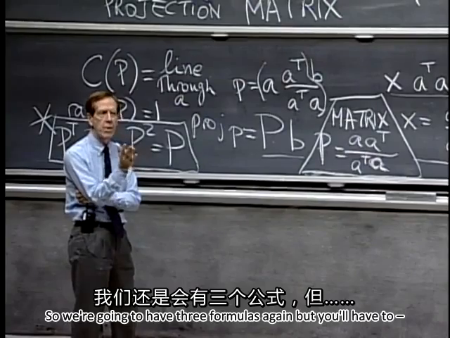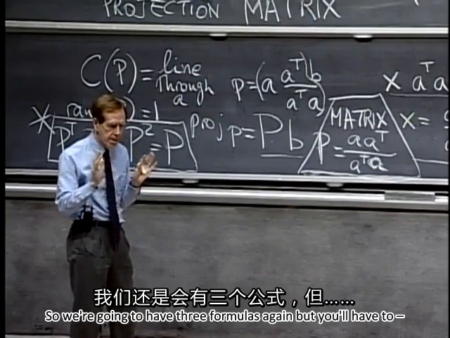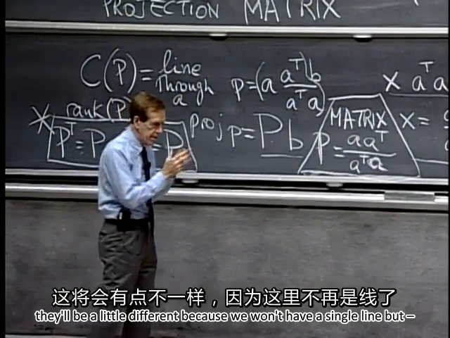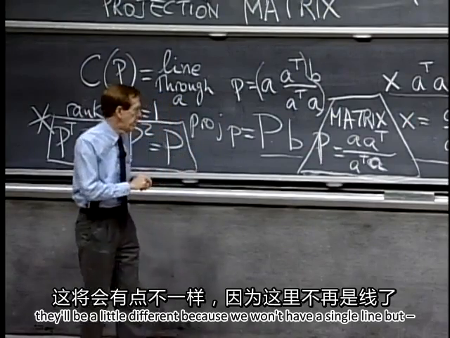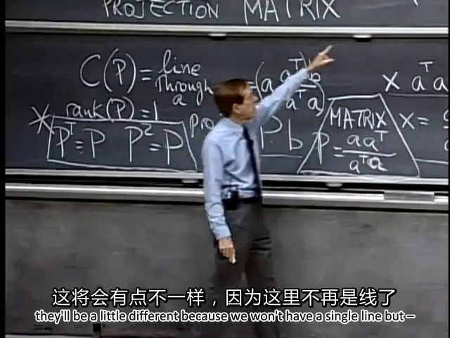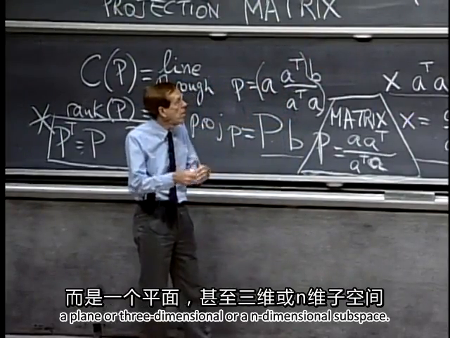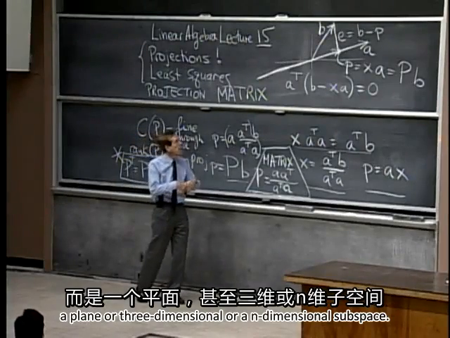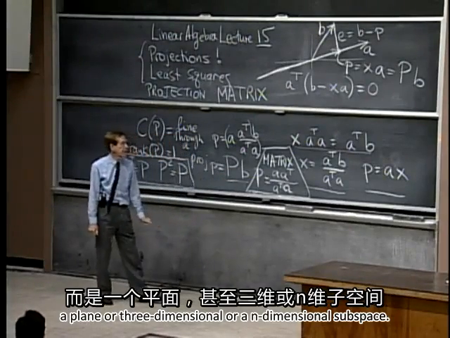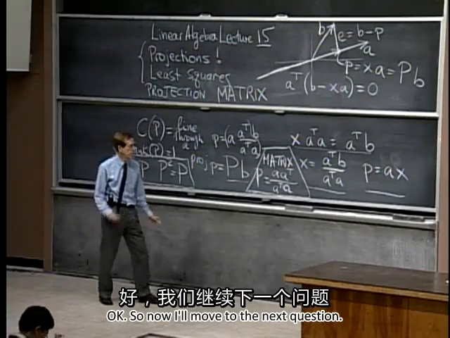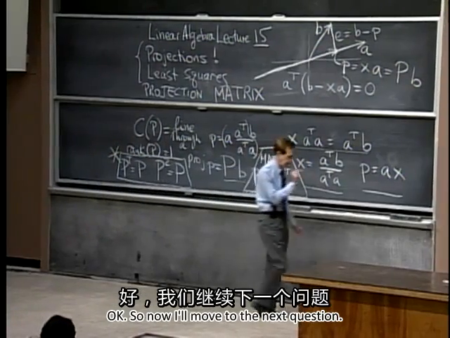So we're going to have three formulas again, but they'll be a little different because we won't have a single line, but a plane, or a three-dimensional or n-dimensional subspace. So now I've moved to the next question.